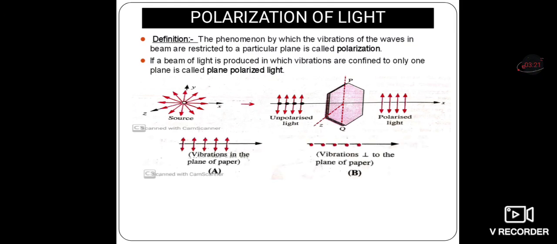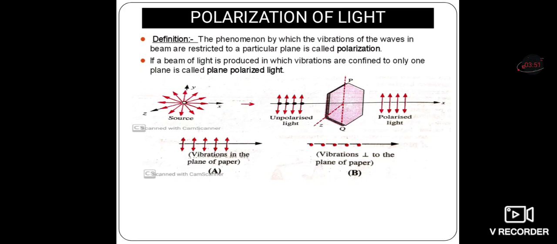So in the diagram you can see in figure A, that is vibrations in the plane of paper, means parallel to the plane of paper. Dotted line means vibrations which are perpendicular to the plane of paper. So unpolarized light consists of both vibrations, parallel as well as perpendicular. Whenever the polarization process takes place, the polarized light or plane polarized light is restricted to only one plane.